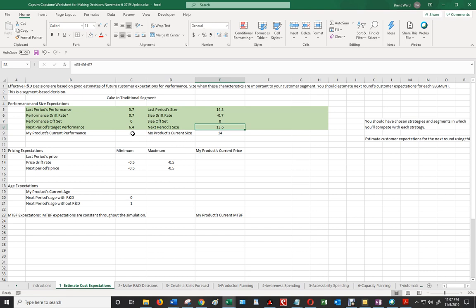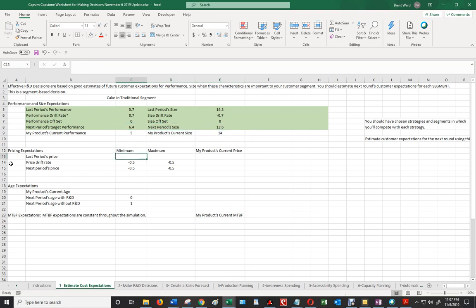So now we know that we're going to have to try to R&D this product to hit 6.4 and 13.6 as close as we can while making our product release within the next round's year. Okay? That's one decision made right there. That's what cake needs to do.